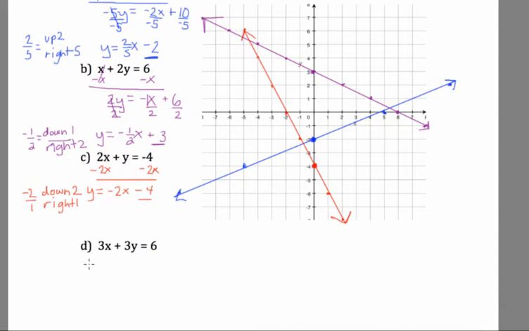Part D. 3x plus 3y equals 6. Get y by itself. Change forms. Change from standard form into slope-intercept form. Divide each term by 3 to get y by itself. Negative 3 divided by 3 is negative 1. Negative x. Now graph. Start with your b number, your y-intercept. It's positive 2.